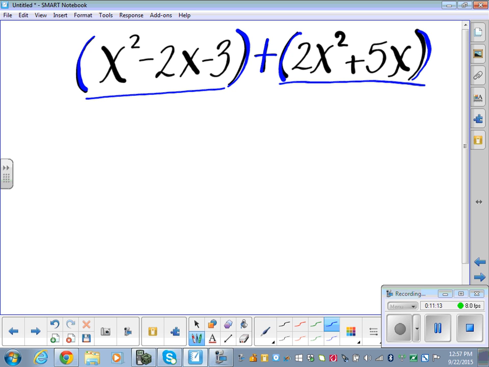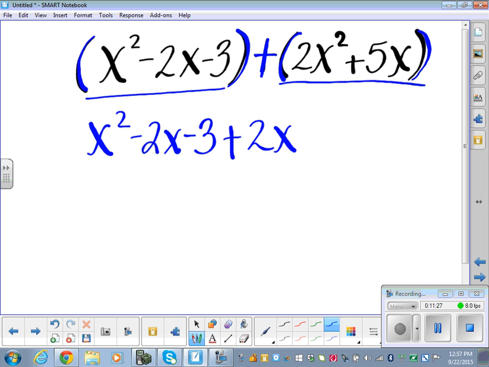So what we have here is x squared minus 2x minus 3 plus, and plus is the easiest one, because then we don't have to distribute any negatives. So we have plus 2x squared plus 5x. Notice I just rewrote it without parentheses, and since it's plus, we can do that.